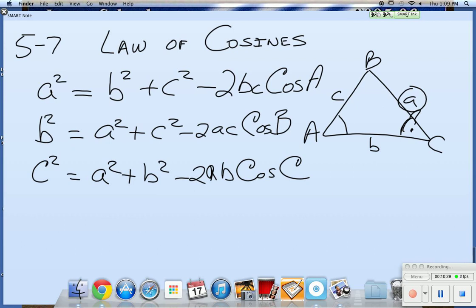But this is always a three-part. When you're working with law of cosines, you have three different things and three different letters given to you. In the law of sines, you're going to have a two-part. You're going to have two letters, A's and B's, or B's and C's, or A's and C's, or something of that nature. Where this, you're going to have three parts. You're going to have a C, an A, and a B, somewhere with a lowercase or uppercase to work with.